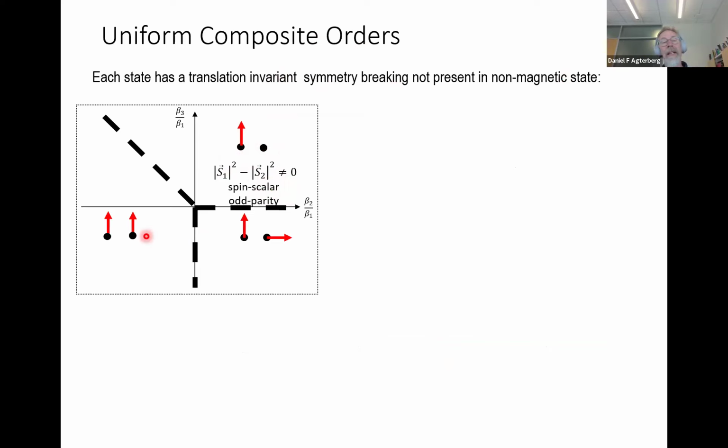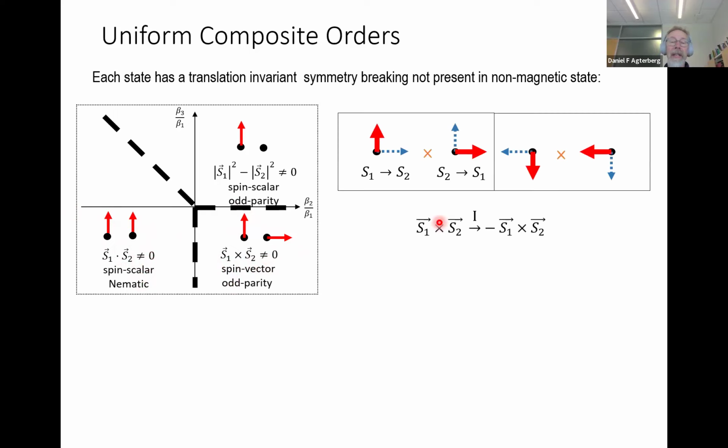So it's an odd parity kind of piezoelectric state. In this state, we have this S1 dot S2 order parameter. And it turns out this is nematic order. And this kind of order is well known in the context of iron-based materials. And so, in fact, it is the nematic order often discussed in that context. And then, of course, we have this S1 cross S2, which is non-zero in this state. This order parameter is a spin vector, but it is also odd parity.